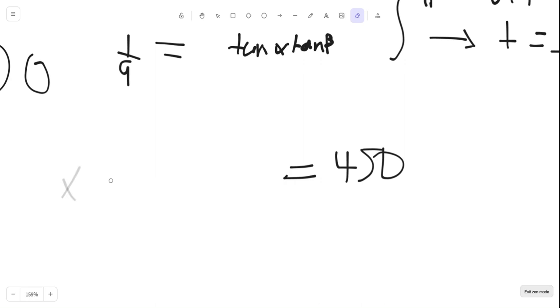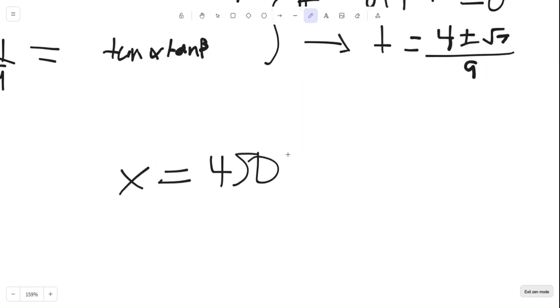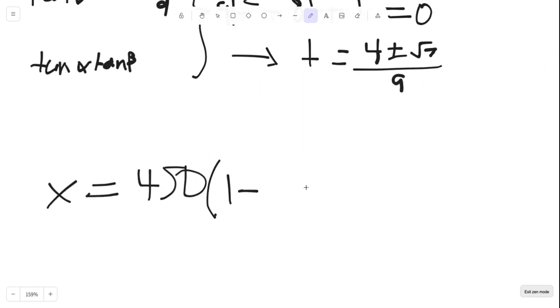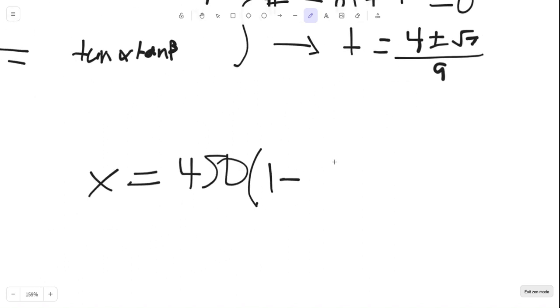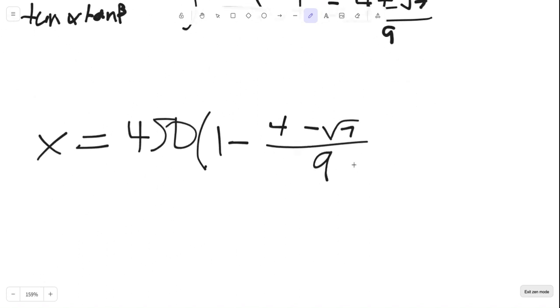I move the tangent beta to the right side and substitute the smaller root, because tangent of beta is the smaller tangent since it's closer to the midpoint.